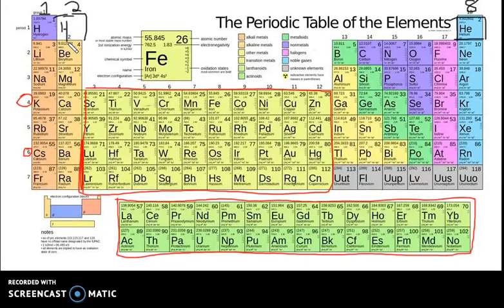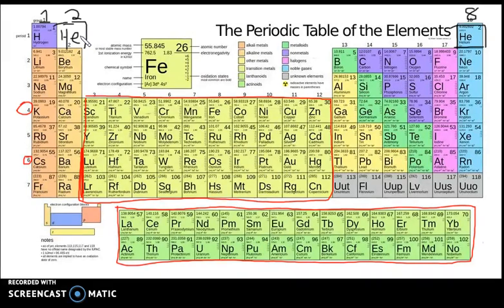So we can draw in helium there. Helium will get 2 valence electrons, even though everything else in that column has 8. So we can forget about helium being over here when we're talking about valence electrons. It really belongs over in that second column with the rest of the elements that have 2 valence electrons.